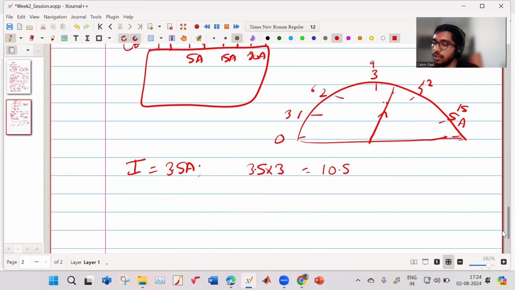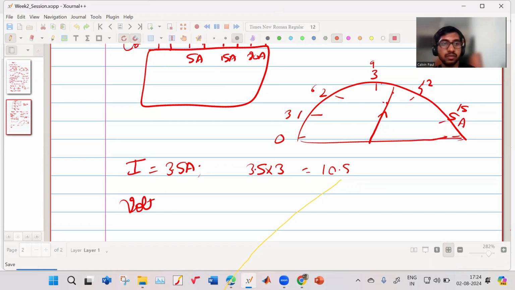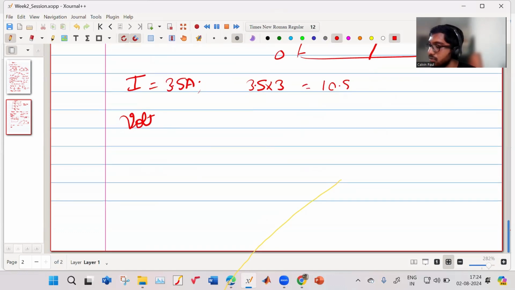And for a voltmeter, you want, okay, Sanjay, please don't write or scribble anything. Please rub it off. Sanjay, please remove whatever you have written. Like this yellow line has come. How has it come?